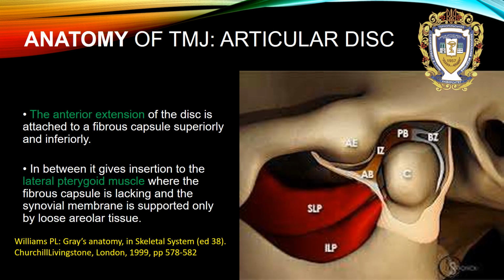The anterior extension of the disc is attached to a fibrous capsule superiorly and inferiorly. In between it gives insertion to the lateral pterygoid muscle, where the fibrous capsule is lacking and the synovial membrane is supported only by loose areolar tissue.